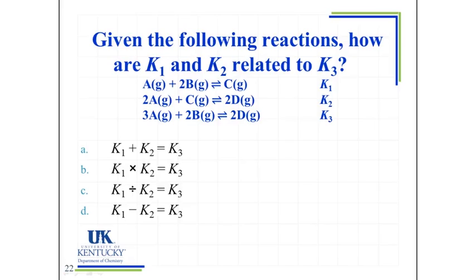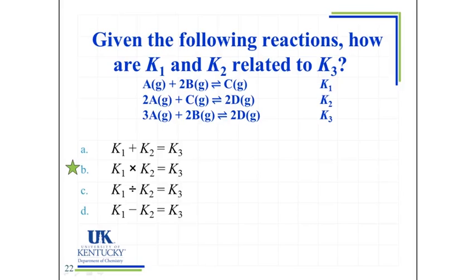So let's look at an example here. How are K1 and K2 related to K3? What is the relationship between these first two terms that will get me to my K3 value? Hopefully you got B for the answer, because when we look at our reaction, we see that reaction 3 is simply the sum of reaction 1 and reaction 2.